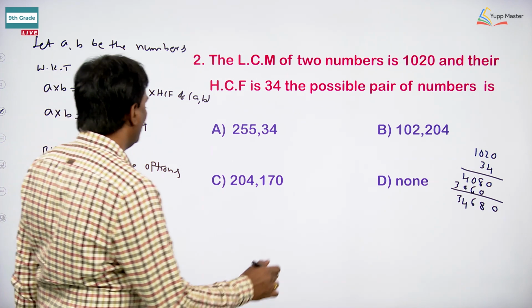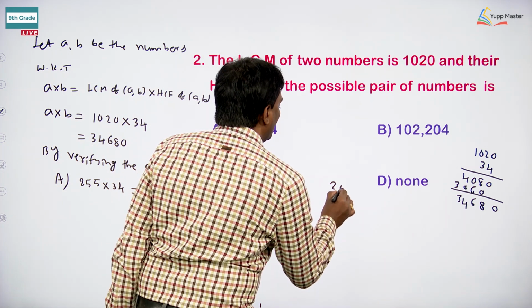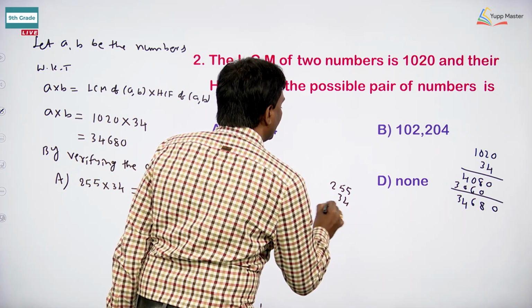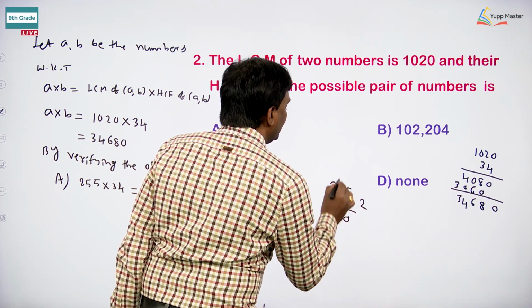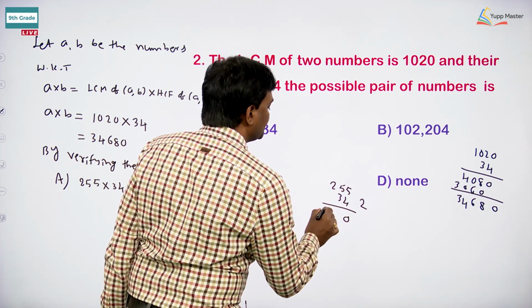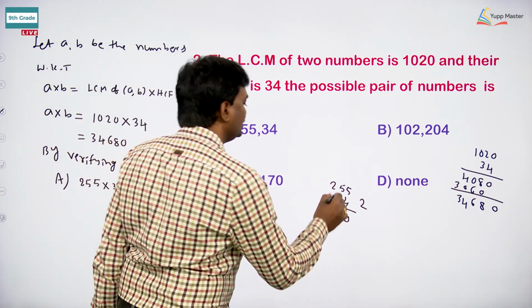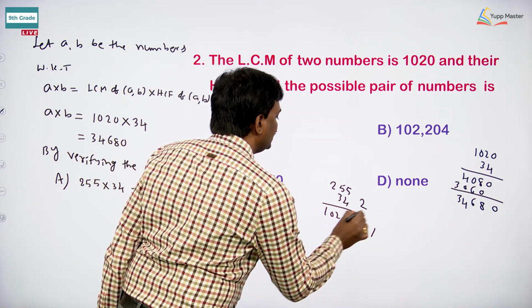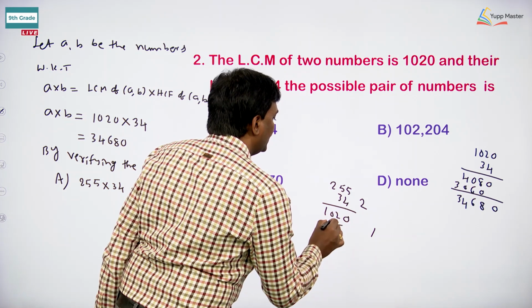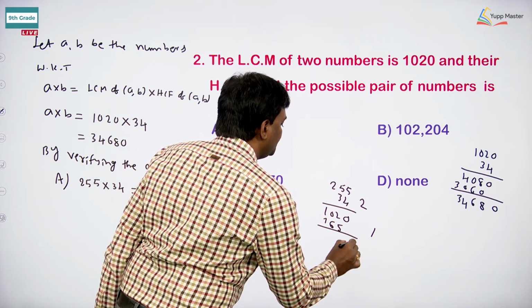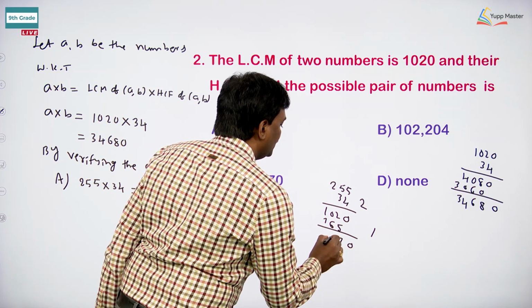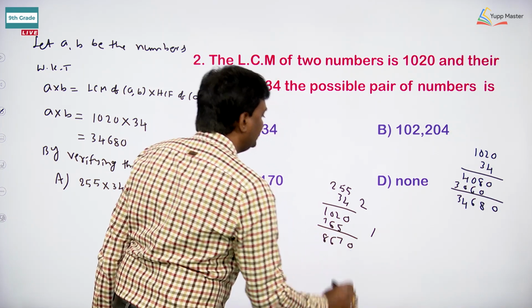255 into 34. 4 fives are 20, 4 into 25 is 100 plus 2 is 102, so 1020. Next, 3 fives are 15, 3 fives are 15 plus 1 is 16, 3 into 5 plus 1 is 16, this is 0, 2 plus 5 is 7, so this is 6, 1 plus 7 is 8.